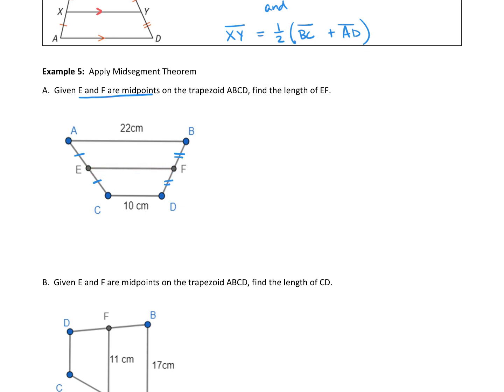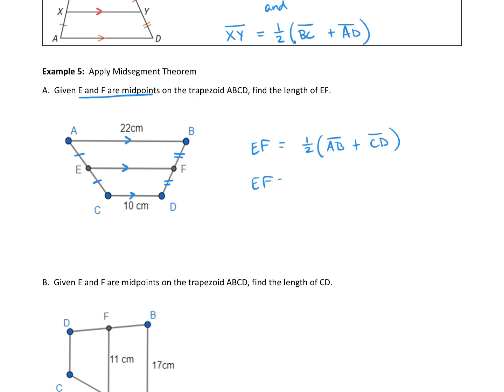We know that it's going to be parallel to the bases and the bases are already parallel to each other in a trapezoid. Find the length of EF. So the mid-segment, EF, is equal to half of the sum of the bases. So half of AB plus CD.